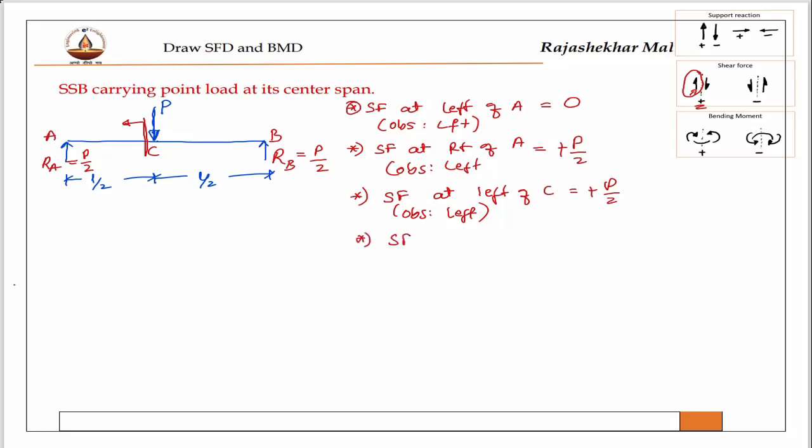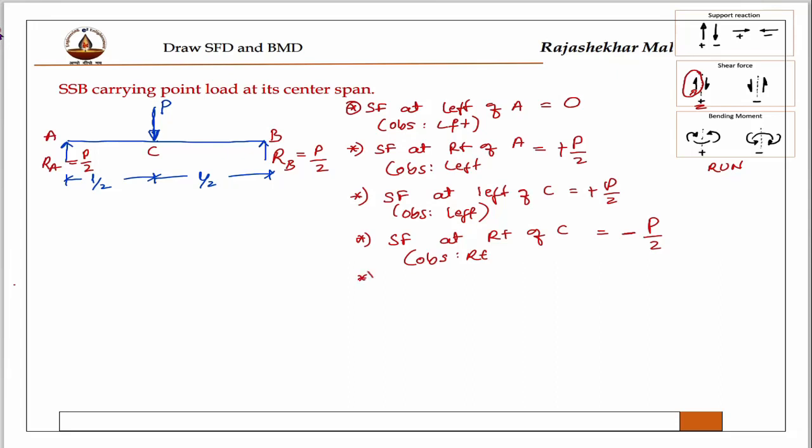Now shear force at right of C means this one, and we will make observations from the right side, because this is easier. On the right side you are seeing a vertical force of P by 2, but right up is negative, therefore negative. Then after that we'll come to this point, this is over.